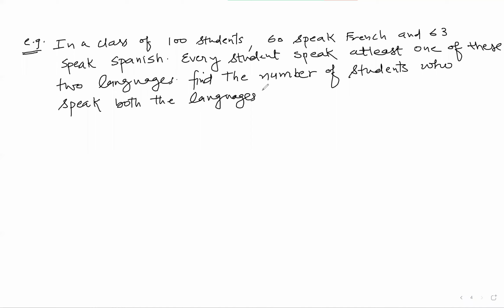So let's see how we can do this. So clearly the question says there are 100 students, 60 are there who speak French, 63 speak Spanish, and this is the crucial line: every student speaks at least one of these 2 languages, right?